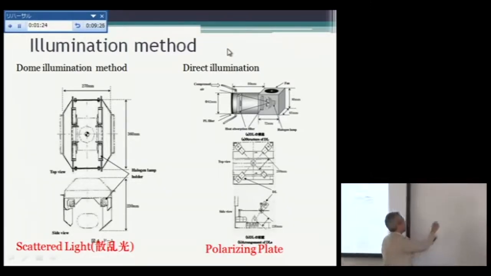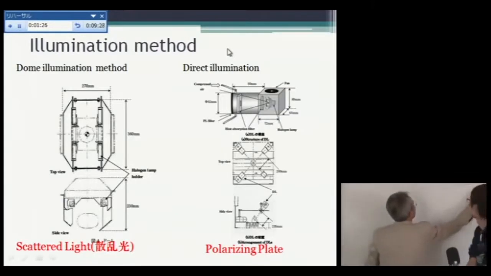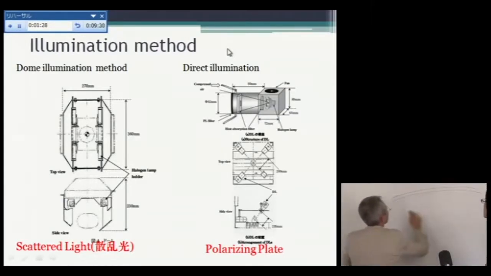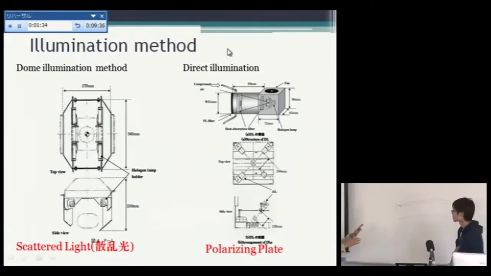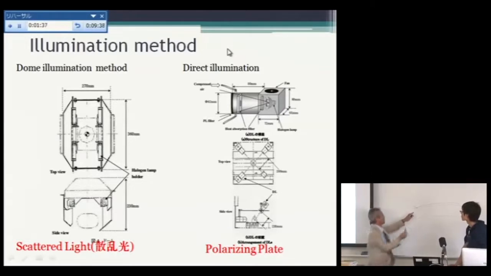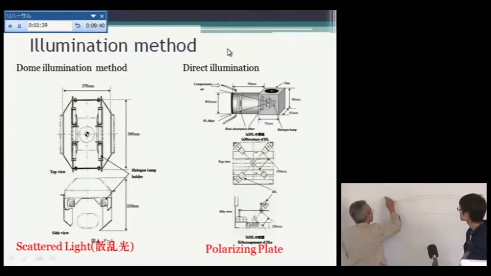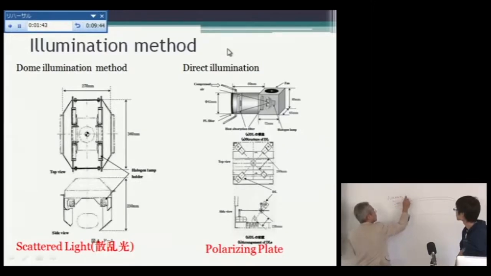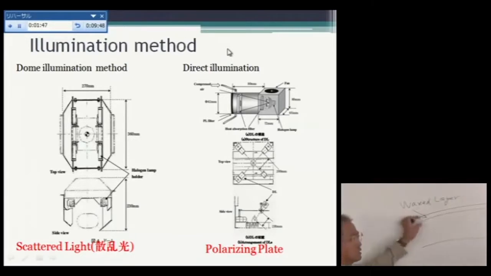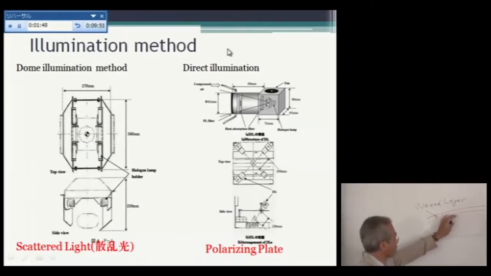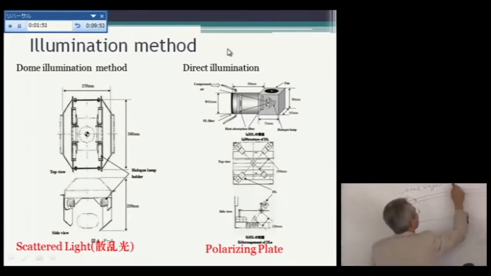Let me explain. This is the surface of the rainbow or any fruit. This thin layer we call the wax layer, or what did you call this? This layer is the cuticular layer. Cuticular layer.